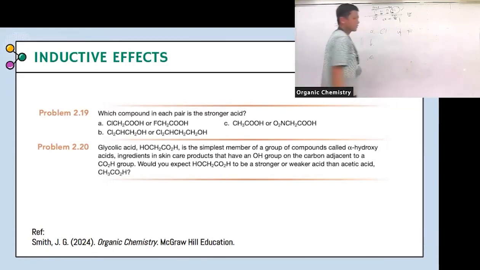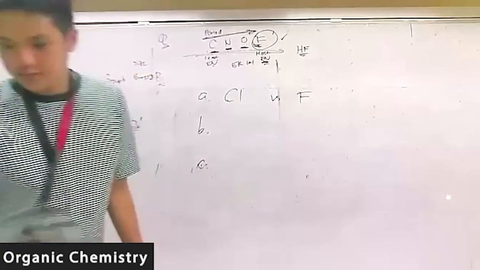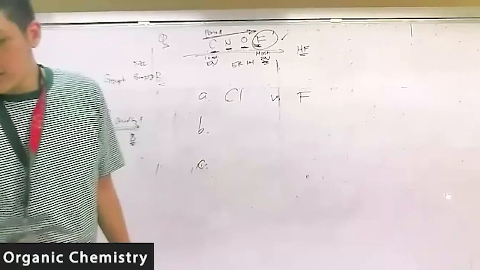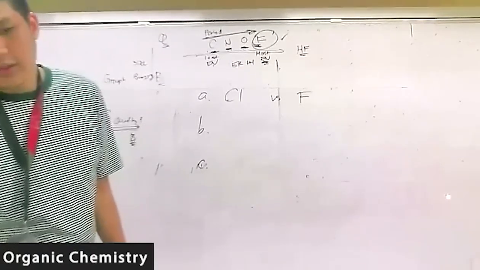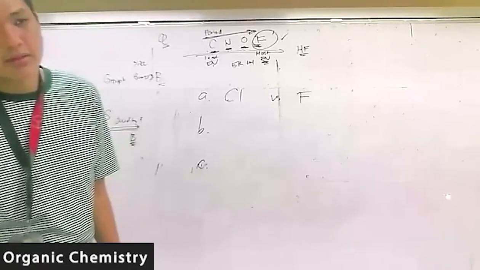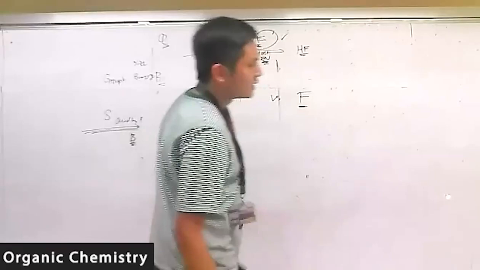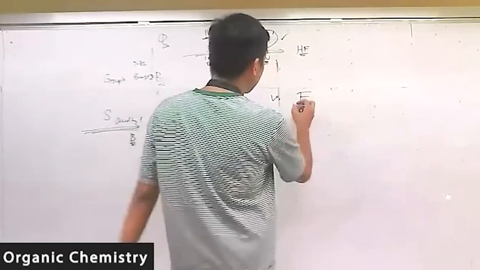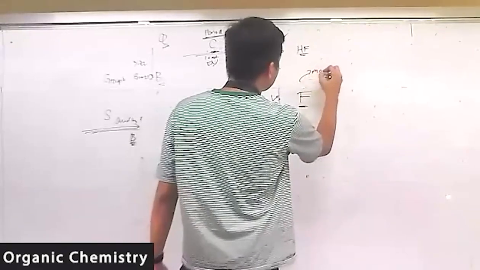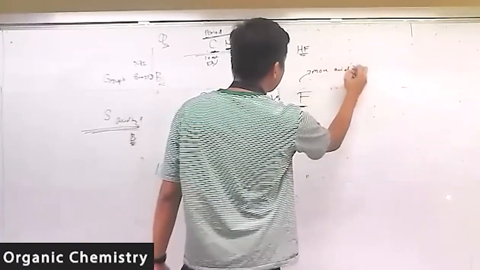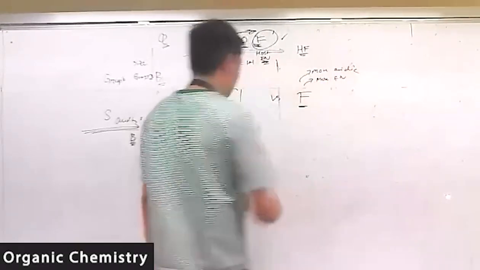Cl versus F. Alin dito ang mas electronegative? F is the more electronegative. Hence, through inductive effect, we can know that F, the compound with F, is the more acidic. Because it's more electronegative. Okay, tama.